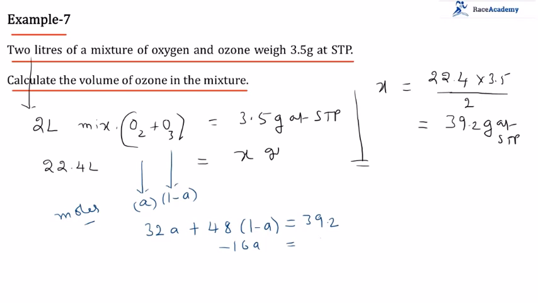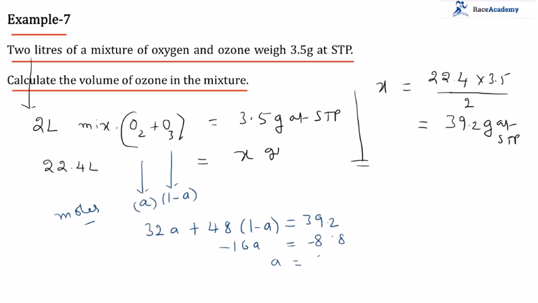So 16a is equal to 48 minus 39.2, which is 8.8. So what is a? 8.8 by 16.